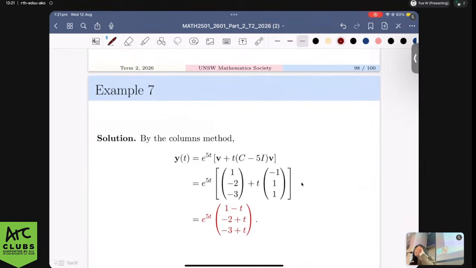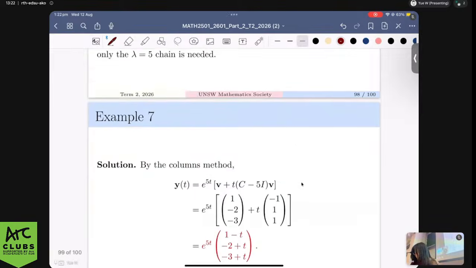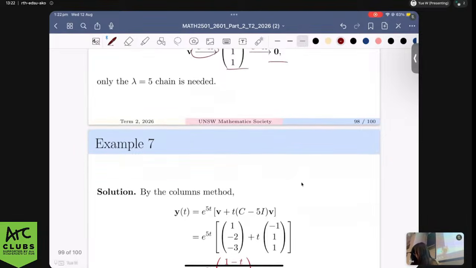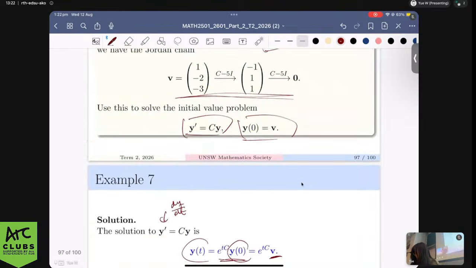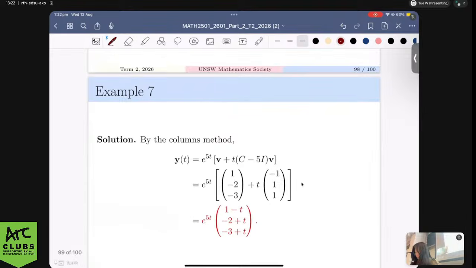And this is basically putting everything together. For your first vector you have 1, minus 2, minus 3. You put that here, and then you want to add t times (C minus 5I) applied to v again.